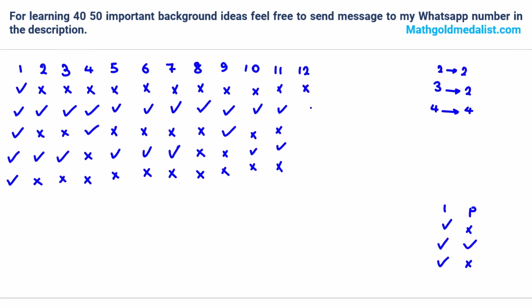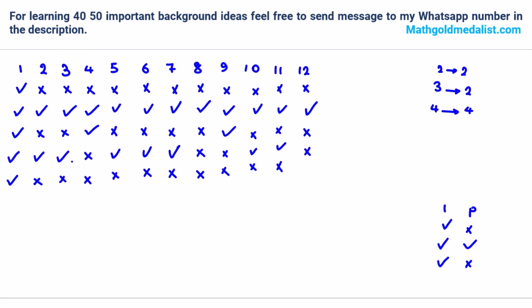For 12, let's write. First one is cross, next one is check, right? Then 12 has how many divisors? 6. So all of them, check, cross, so next one cross. 1, 4. So it will be what in next step?